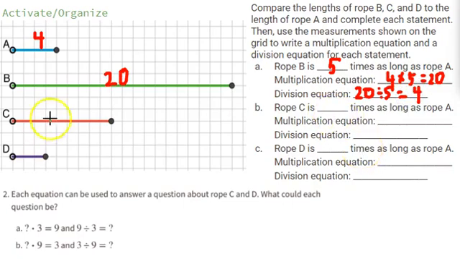What about C compared to A? Well, it's 9. So here we're comparing to A, right? So if we're going from A to C, C is how many times greater than A? Well, it's 2 times completely, right? Because that would get you 8.